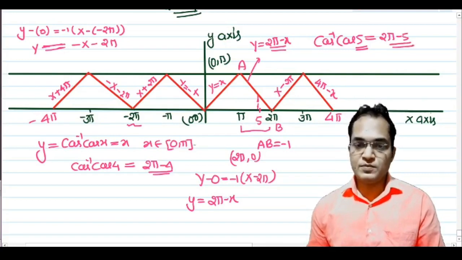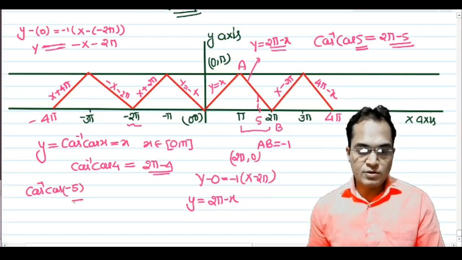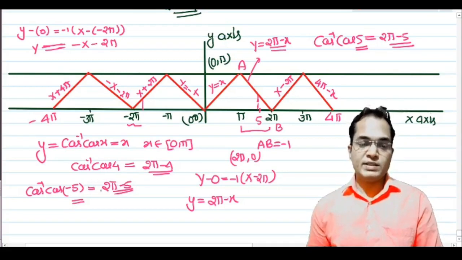Yes or no? If somebody asks what is the value of cos inverse cos of minus 5, the answer is also easy. Minus 5 is here, and your answer will be 2 pi minus 5.